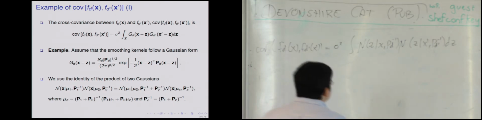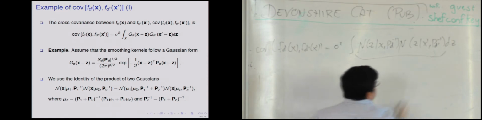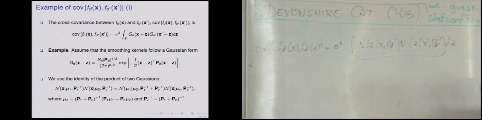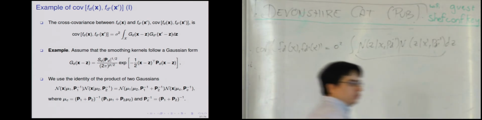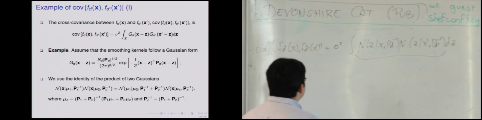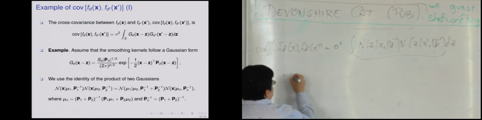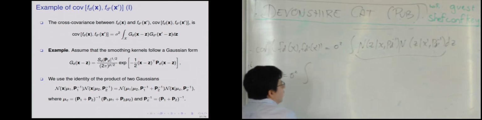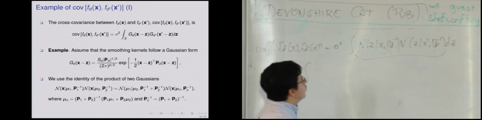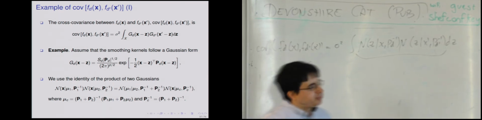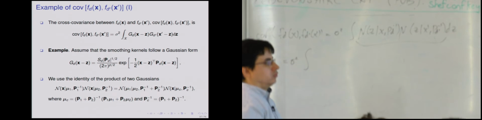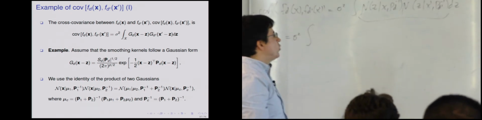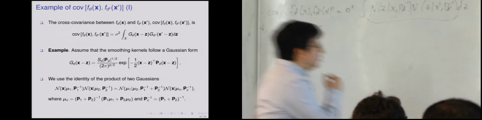So I need to replace this multiplication of Gaussians that I have on this side for this one. Yeah? So what do we get? Sigma squared, the integral. What will be the first term? Which one is the first Gaussian? So this Gaussian here.